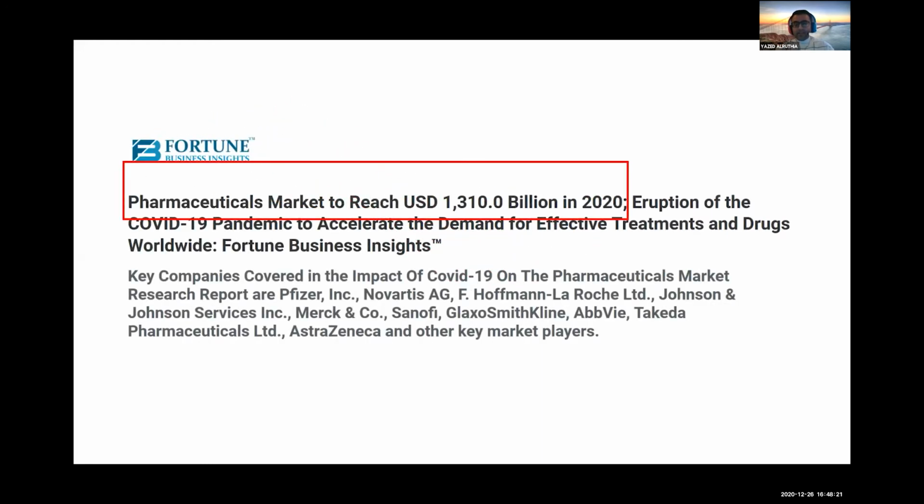It's projected to be $1.310 trillion in 2020, this year. So the rate of pharmaceutical spending has increased significantly, which creates a really significant challenge to all healthcare systems globally. There's got to be something that we need to do to contain the cost and improve access to healthcare, especially pharmaceuticals.